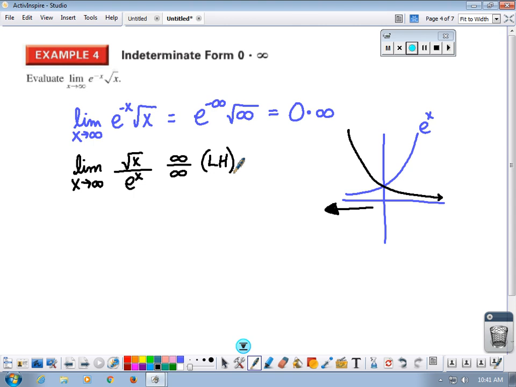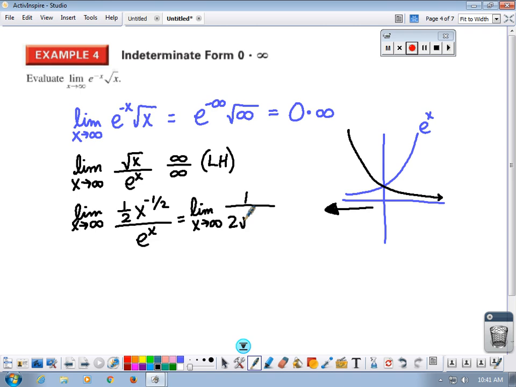So the derivative of the square root of x, we've done that several times. So 1/2 x to the negative half, derivative of e to the x is e to the x. Let's rewrite that as, we're going to flip, 1 over 2 square root of x times e to the x.